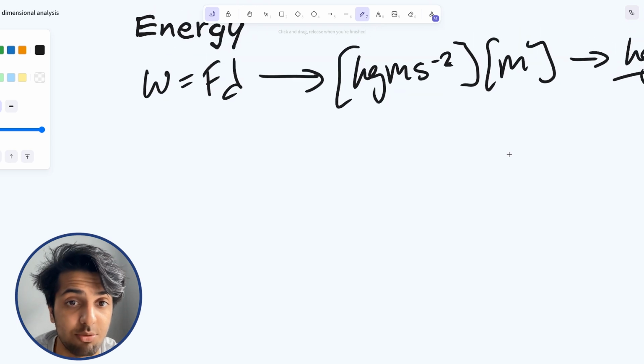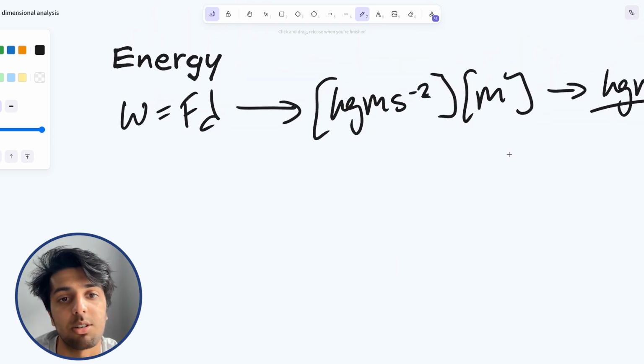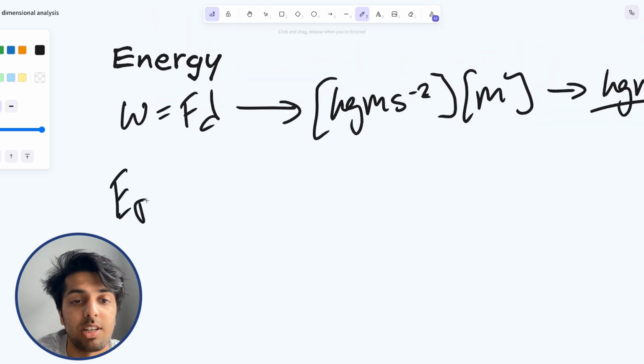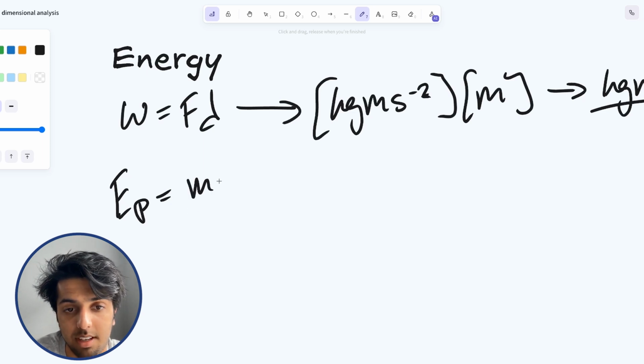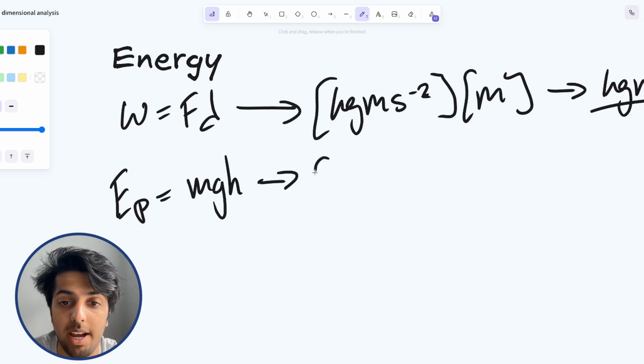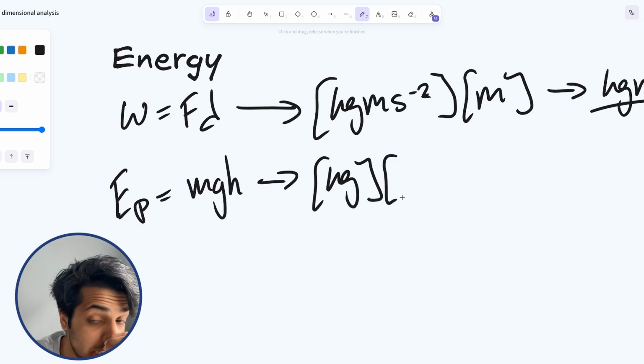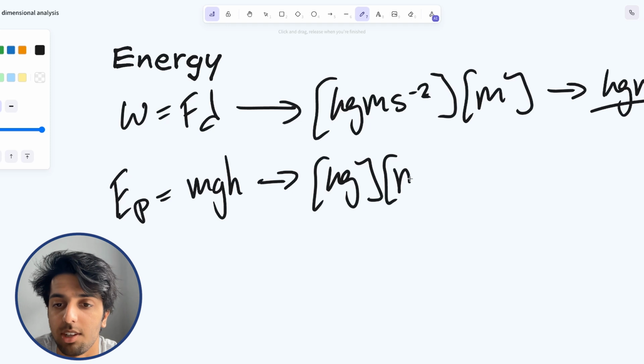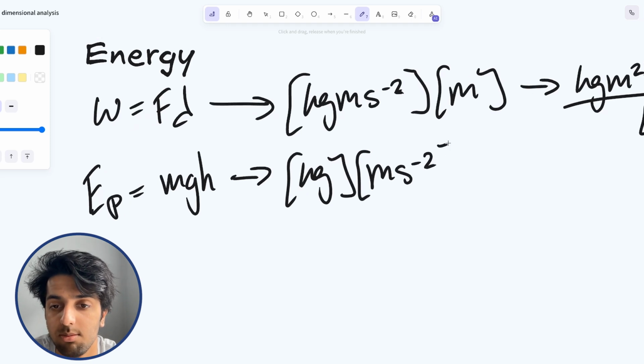And we can check this further using some other energy equations, such as gravitational potential energy, right? mgh: our mass, which is kg, multiplied by g, which is our acceleration due to gravity, so that's just m s^-2.